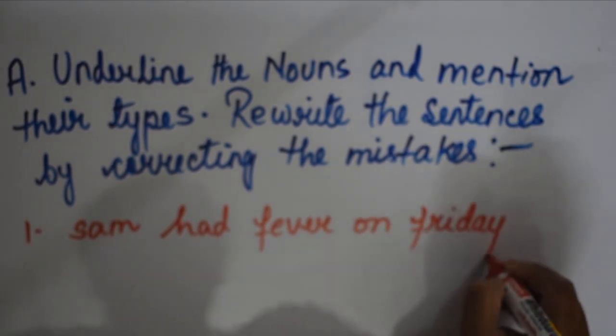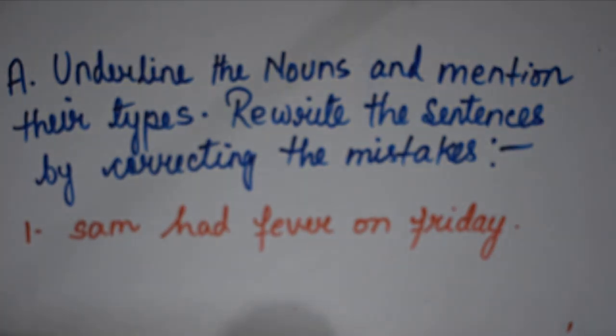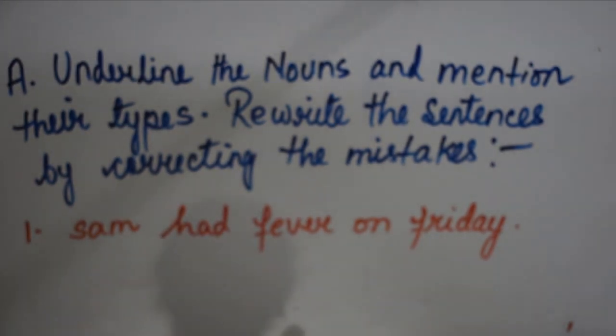In this sentence you first need to identify all the mistakes, rewrite the sentence by correcting the mistakes, and then underline the nouns and mention the types.